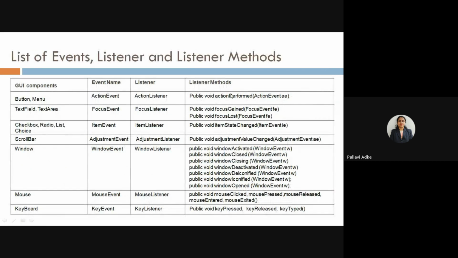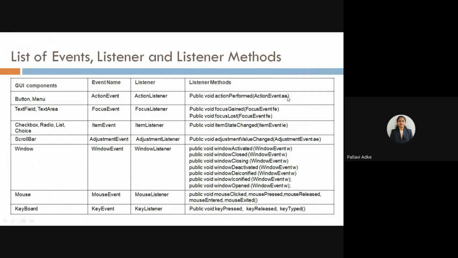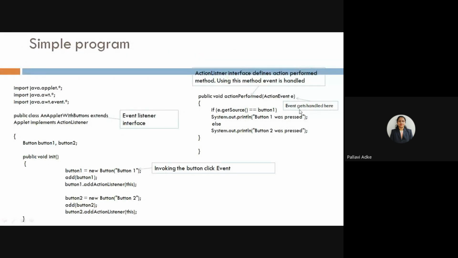So here the method was public void actionPerformed. Same way here also public void actionPerformed(ActionEvent ae), or e, any object you can create. Events get handled here. So till now we had told that something is going to happen, some actions will be performed when we are clicking that button. Now what is going to happen?